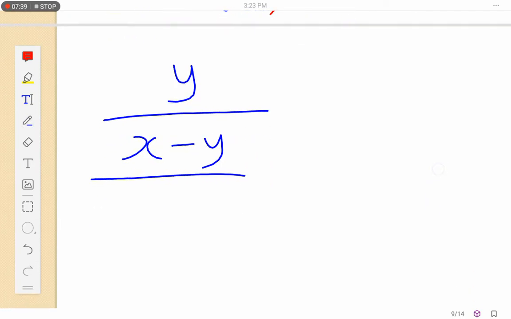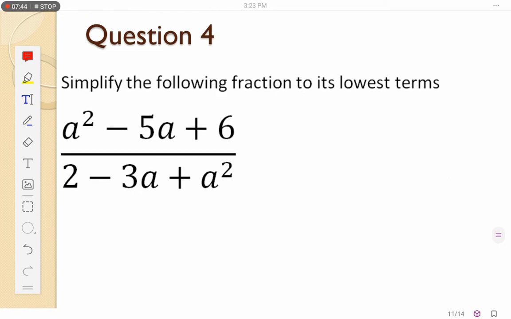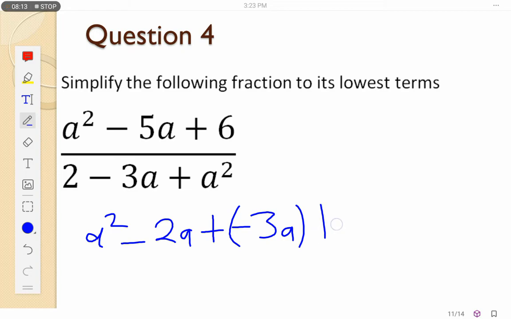Okay, let's have another example. This one is saying simplify that one. What we can do for this one is try to factorize our denominator and our numerator. For my numerator, I can have it as a squared minus 2a minus 3a plus 6.